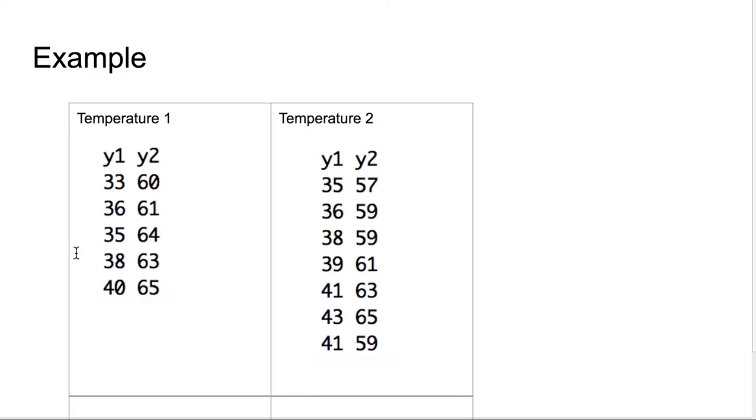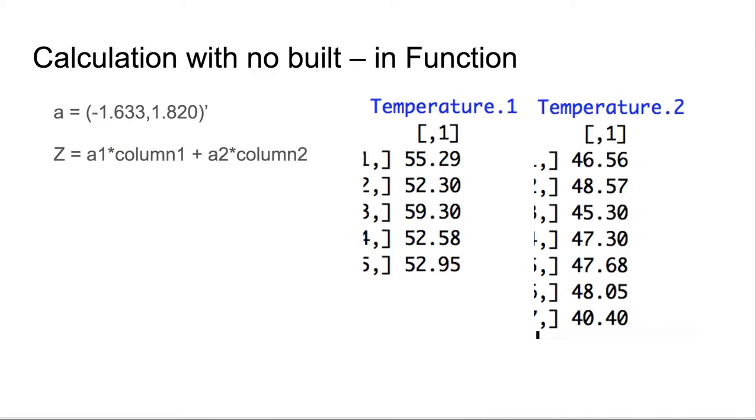The matrix 1, temperature 1. The first element is 33, the first column, and the second column is 60. So by using this formula, we use the 33, the value from column 1, times the minus 1.633, and then plus A2, that is 1.82, times column 2.